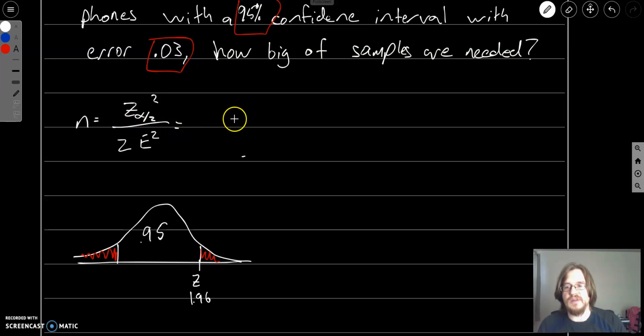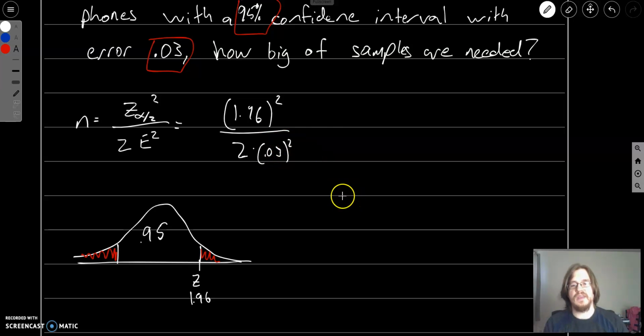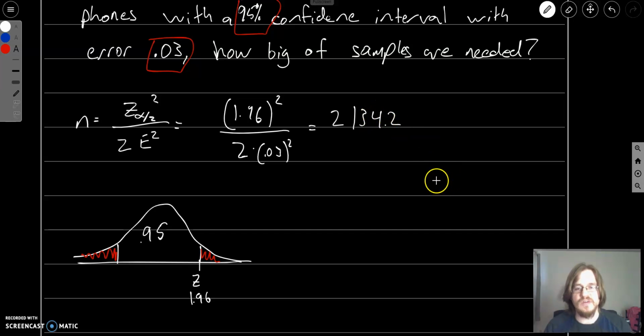So our formula is simply going to be 1.96 squared divided by 2 times e, which is 0.03 squared. And if we do this, we get 2,134.2, but we can't have 0.2 of a person.